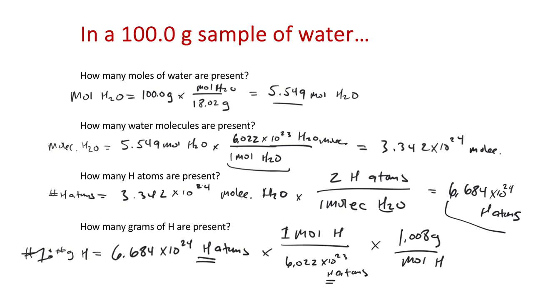Now, if you hit enter on that, the moles of hydrogen in the sample is double the moles of water. So if you think back, we had 5.5 moles of water times 2, about 11 moles of hydrogen in the sample. And then the last step, times 1.008 grams. So that huge count of hydrogen only corresponds to a mass of 11.2 grams. Call it 11.19 grams. So in the water sample, 11.19 of the grams are hydrogen. The remainder is due to the oxygen.